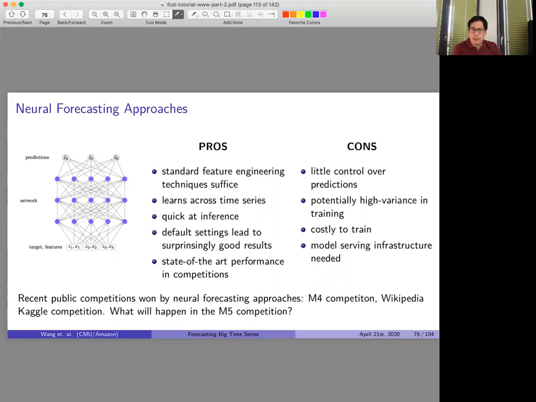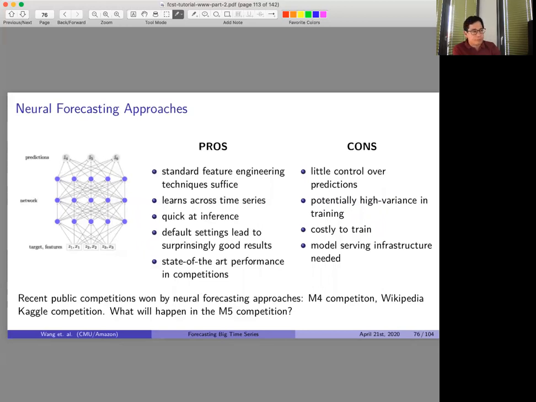Because neural networks are typically employed as global methods, we naturally learn across different time series. Training may take a lot of time, but inference is quite quick. So you can realize on-demand forecasting scenarios quite well.